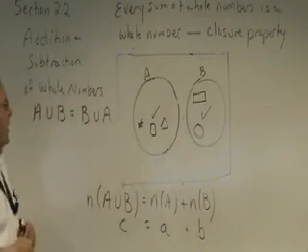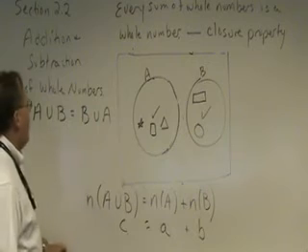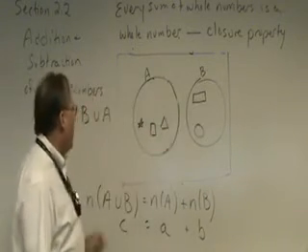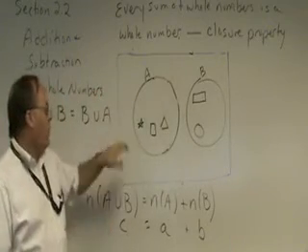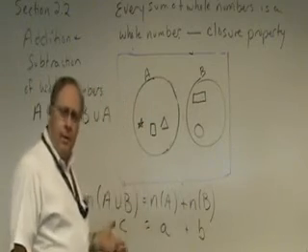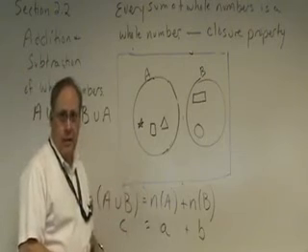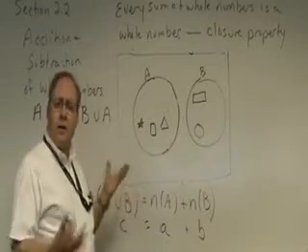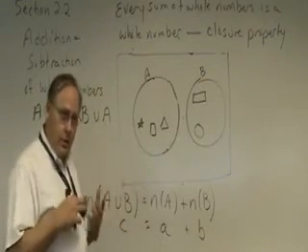And you can see that it really wouldn't matter if I took the elements here and put them into here, or if I took the elements here and put them into there. What would happen is I would have still all of the elements together. So it doesn't matter where I start, what I start with, and what I put into it, so long as the two sets get joined.